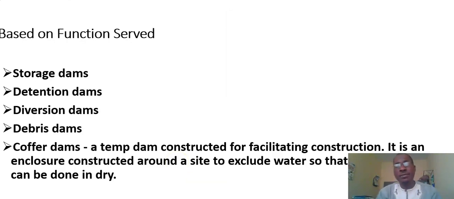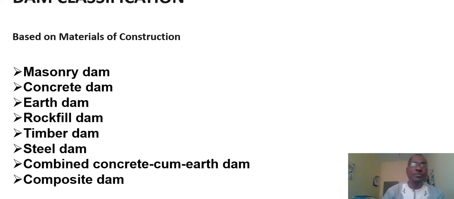Based on the functional side, we also classify dams as storage dams, detention dams, diversion dams, debris dams, and coffer dams. A coffer dam is a temporary dam constructed for facilitating construction. It is an enclosure constructed around a site to exclude water so that construction can be done in the dry.